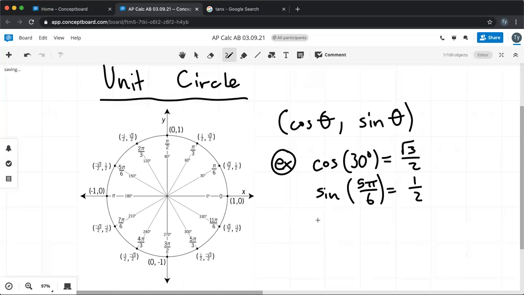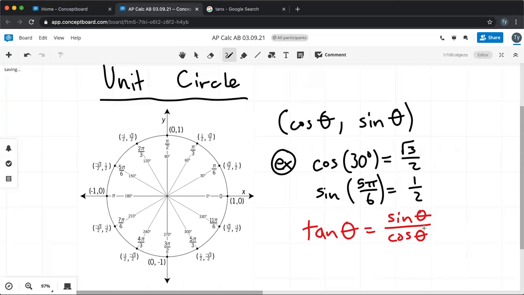Okay, if you wanted to find tangent of theta, then you're going to have to do a little bit of work. It's not explicitly written on the unit circle, but we can use the relationship that tangent of theta equals sine of theta over cosine of theta.